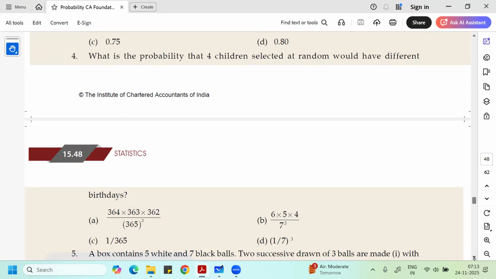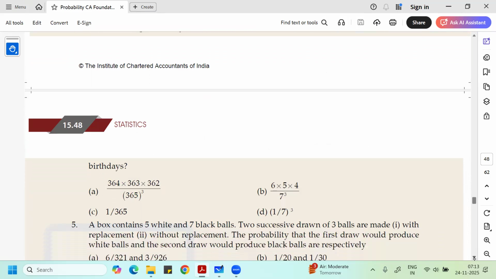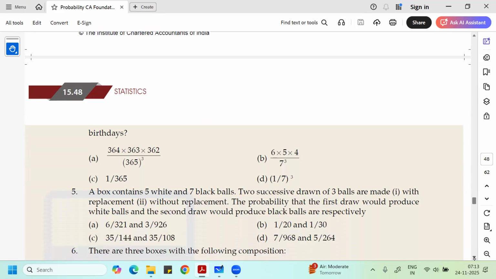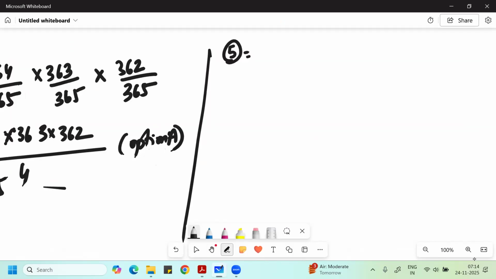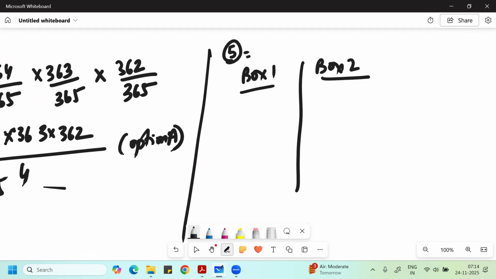Question number 5. A box contains 5 white and 7 black balls. So this is box 1. Then this is box 2.